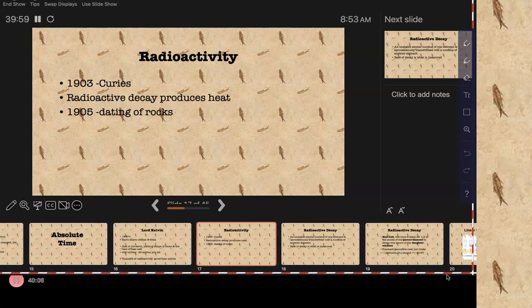So the Curies, 1903, not that much longer, realized that radioactive decay produces energy, heat, and literally there it is, 2 years later, we were putting that together to realize that we could use it to date rocks. Now we're going to talk about those processes that they used, and you're going to think that perhaps it's not that intuitive.